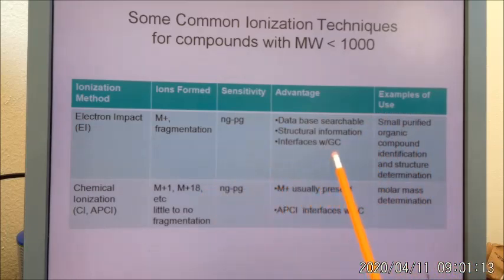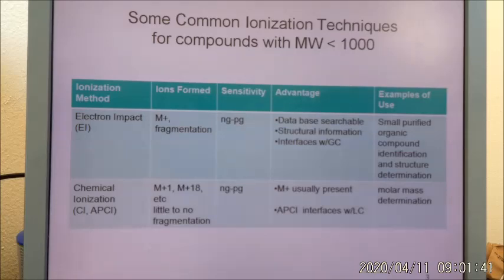Because gas chromatography is already in the gas phase, you can interface easily with gas chromatography, so you get a GC-MS. Anytime you get your peaks from your GC going through, you can get the molar mass and the fragmentation pattern. That's really nice. We use it primarily for small organic compounds, and we can get structure determination information out of it.